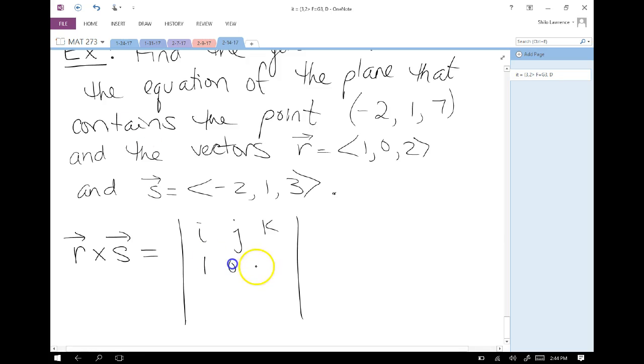So R is 102, S is negative 213. For the I's, I'm going to do 0 minus 2, so I've got negative 2I.